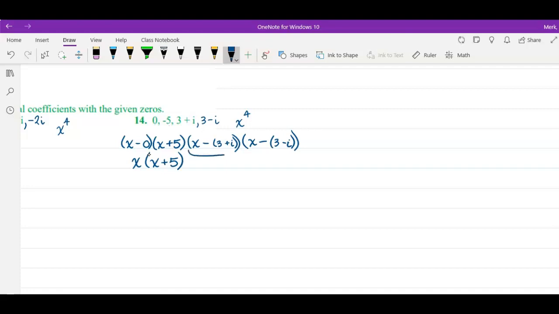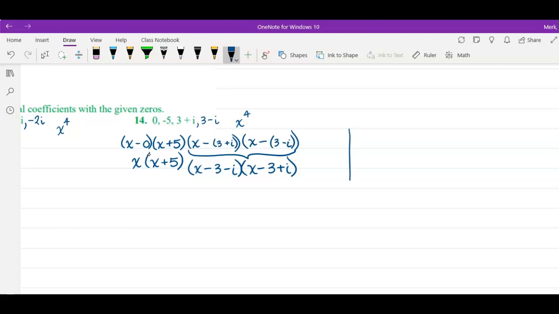But let's take all of this and multiply it first. So I'm going to first simplify these parentheses. That gives me x minus 3 minus i. And my second one is x minus 3 plus i. Now there's a variety of ways you can handle this.